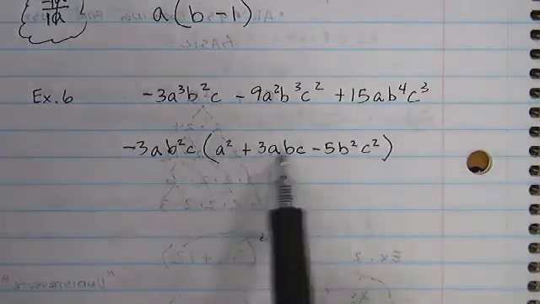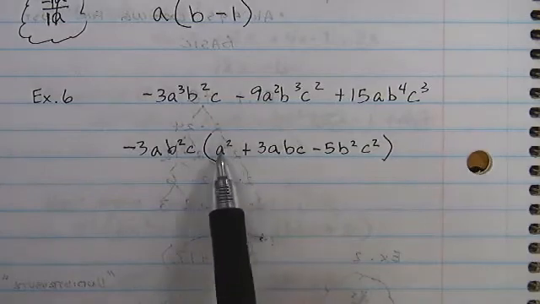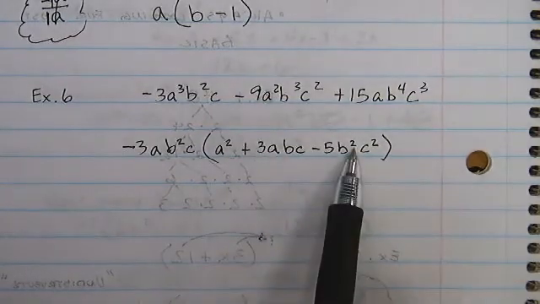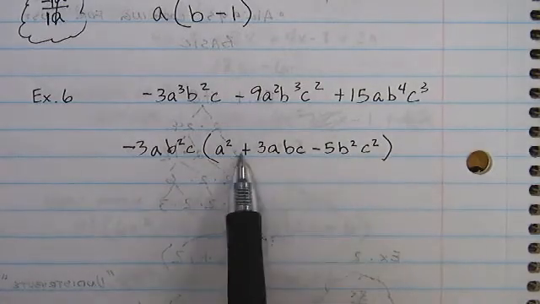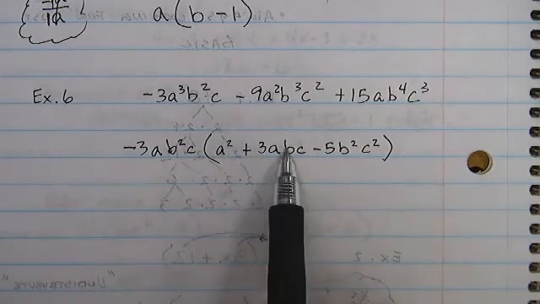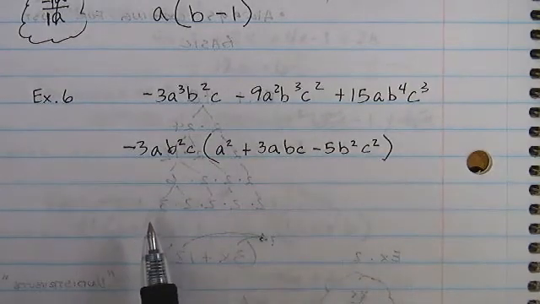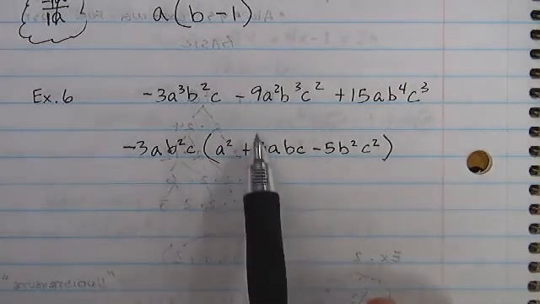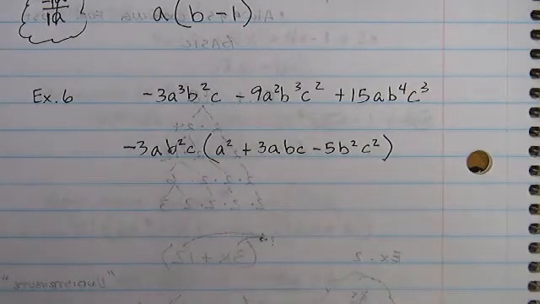Are there variables left in every one, right? Is there an A in every term? And if there is, then I should have taken an additional A out, right? Same with the B, or same with the C, right? If you have a variable that's showing up again in every term, then you know you're not done because you could have taken an additional variable out.